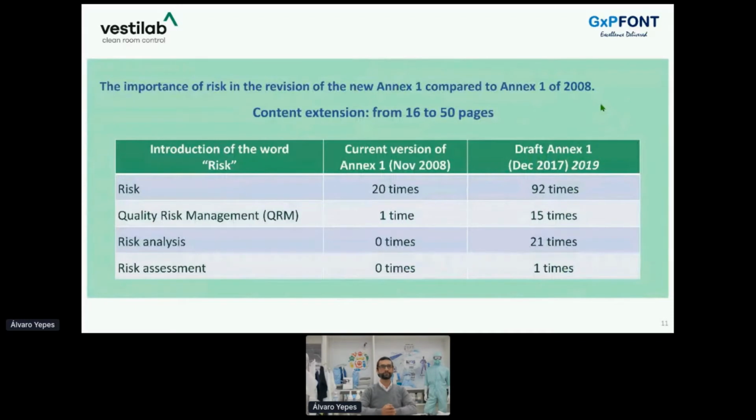And what is interesting here, we can see, for example, the number of times these words were mentioned in the 2008 version, and the number of times they are mentioned in the drafts available today. So we can see strongly that risk analysis and risk management are coming as hot topics.